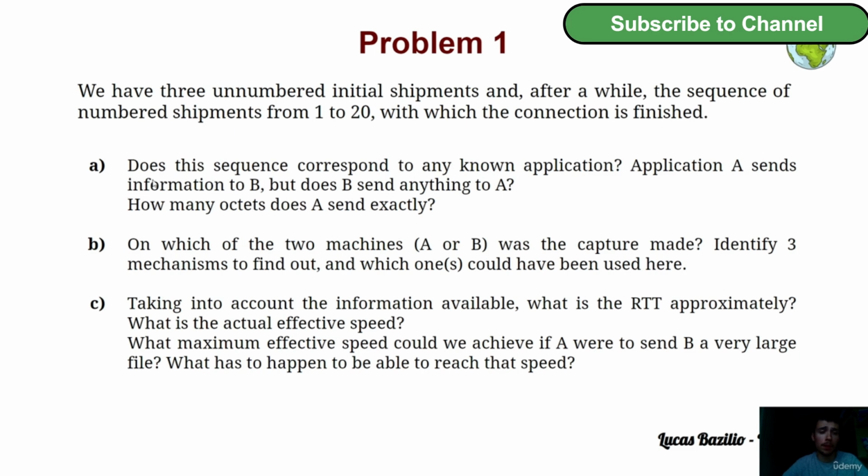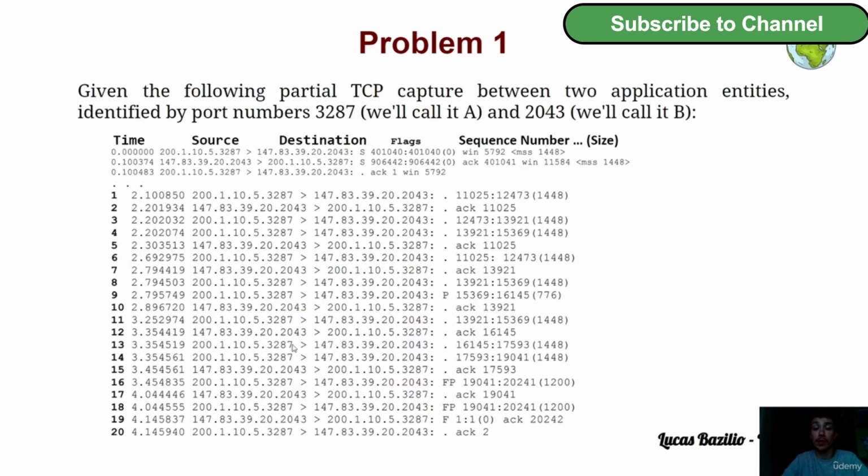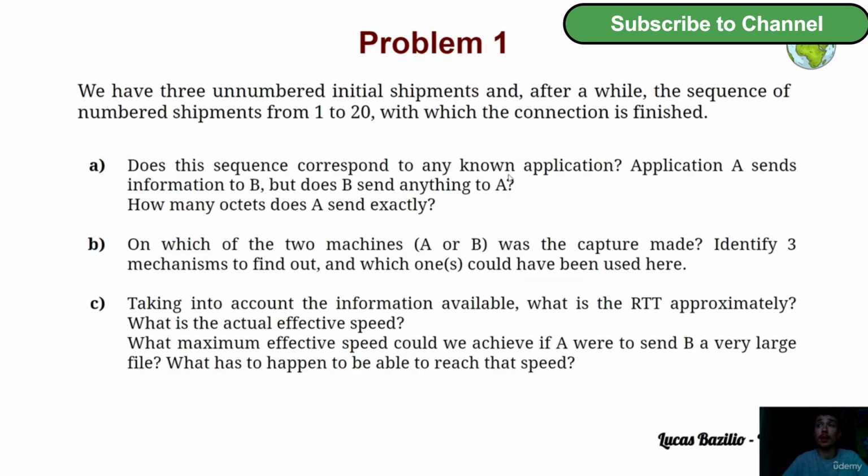So let's begin. The first question of point A is, does this sequence correspond to any known application? This is a very short question, and there's a very trivial way to know. A known application is any application that has a port in the range from 0 to 1023, the so-called well-known ports.